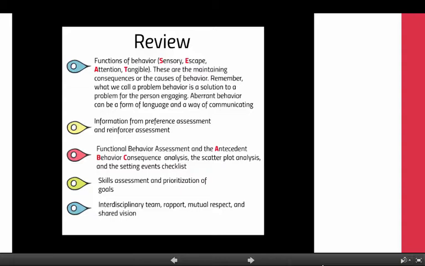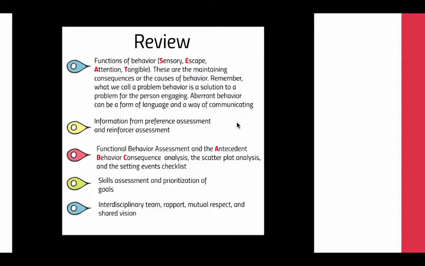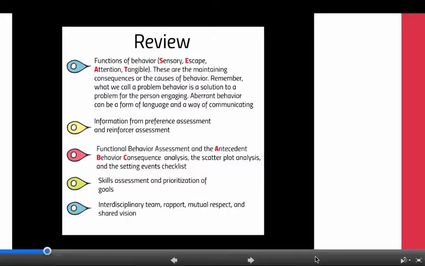That's information that your board-certified behavior analyst may ask you to collect as a result of going through the FBA process. We also talked about the scatter plot analysis and the setting events checklist, and you're going to see a lot of that information show up here in my case studies. I'm pulling it all together for you within these modules.